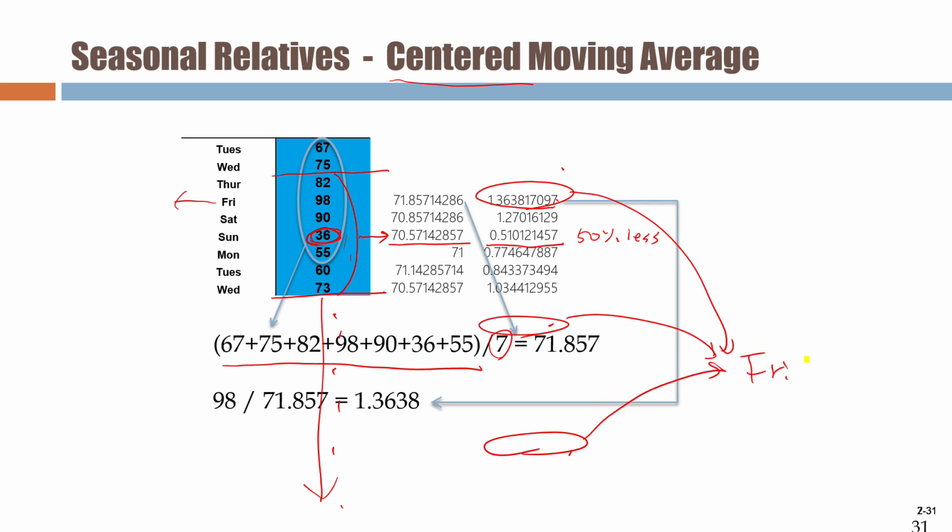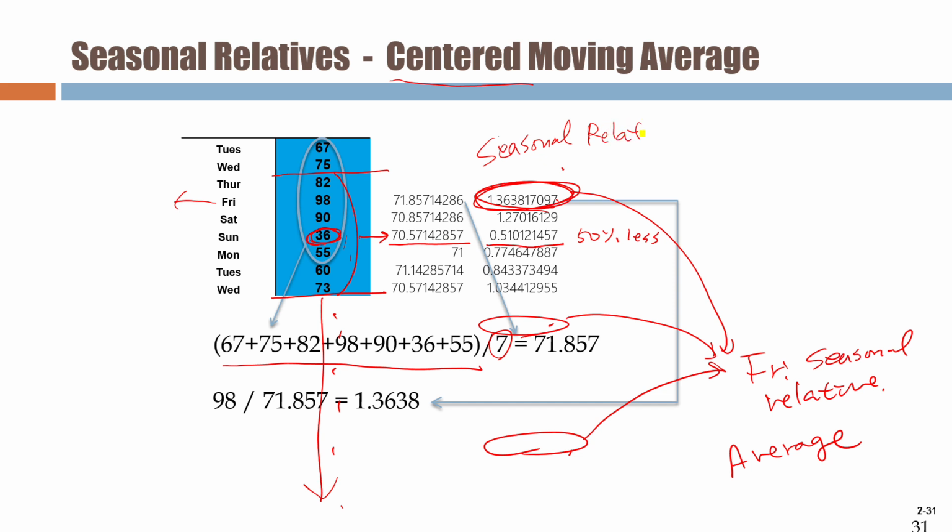You just calculate the average of the factors. You will have different numbers, so you simply calculate the average, and that averaged number is the Friday seasonal relative. So usually on Friday we have more sales, and on Sunday we have less sales.